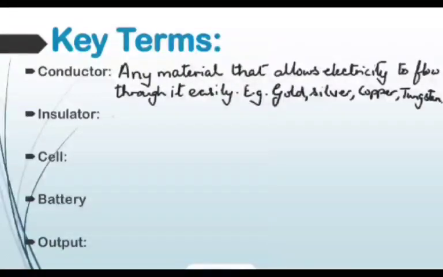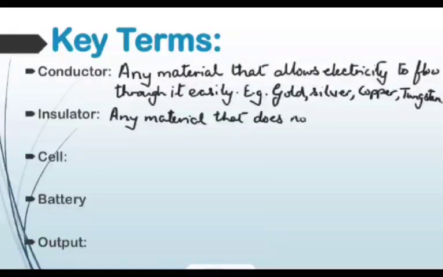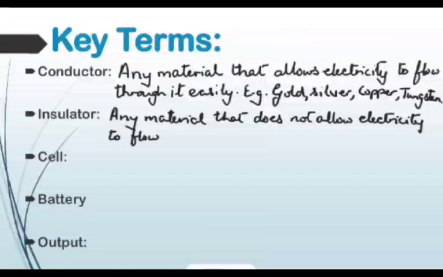So any material that does not allow electricity to flow through it is an insulator or bad conductor of electricity.